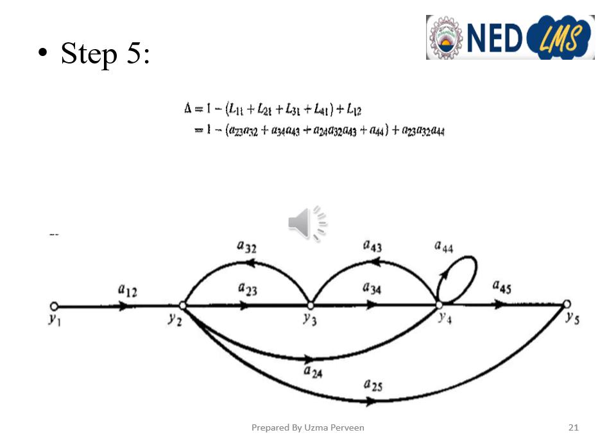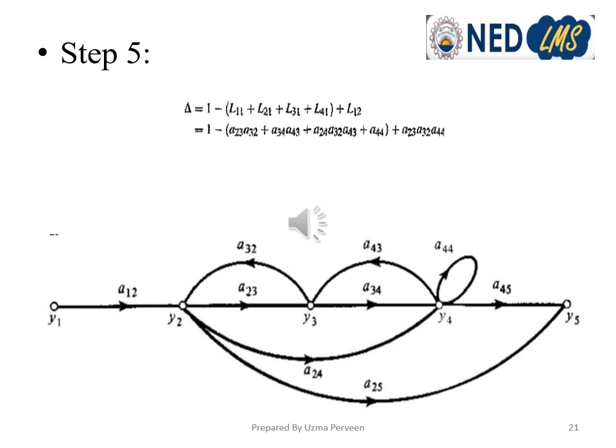Then again the pair of two non-touching loops is L12. So the formula is 1 minus summation Pj1, which is the single loops, plus summation Pj2, pairs of two non-touching loops. Now we have written the values of these loop gains here, which we have calculated in the last step. So we have calculated del in this manner.